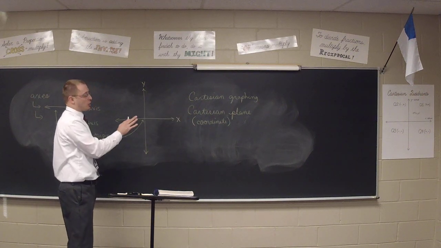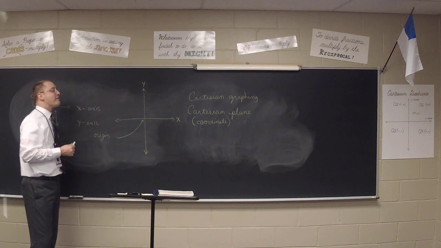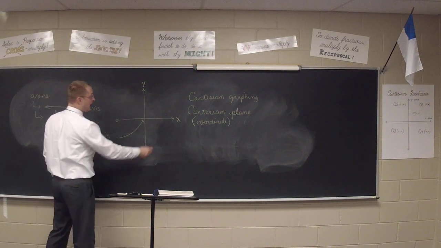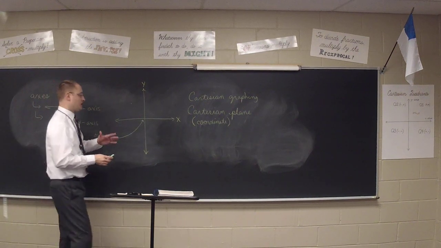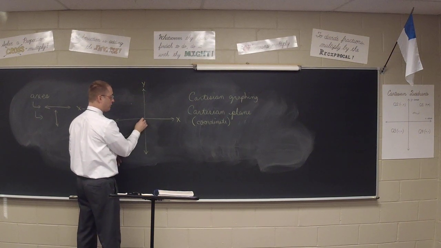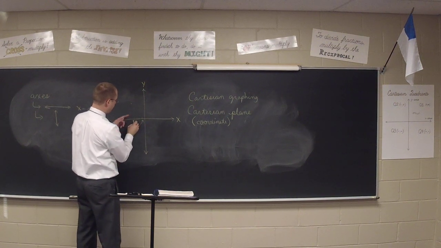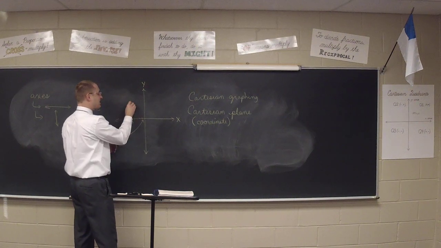Now, the reason it's called the coordinate plane is because on this Cartesian plane, every single point you could possibly plot has a particular value. Okay, for instance, as you're going along the number line, here's your x-axis, here's your 0, -1, -2, -3, -4, -5. This has an x value.